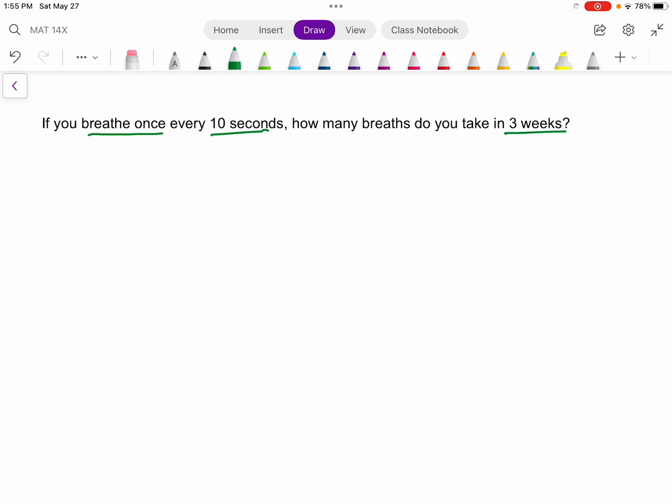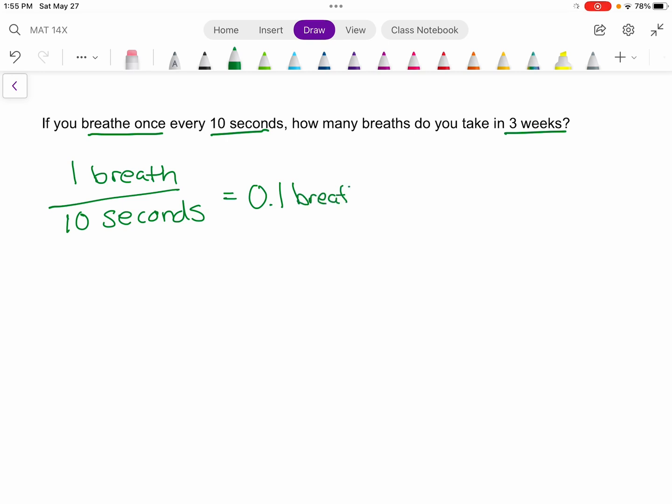I could think of this as 1 breath per 10 seconds. That's our ratio, which means I could turn this into breaths per 1 second, and that would just be 0.1 breaths per second.